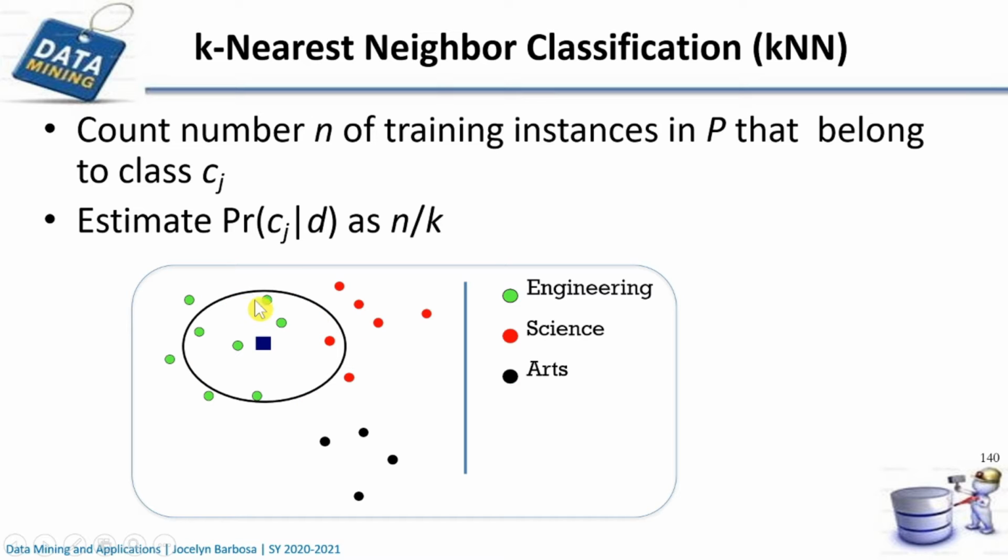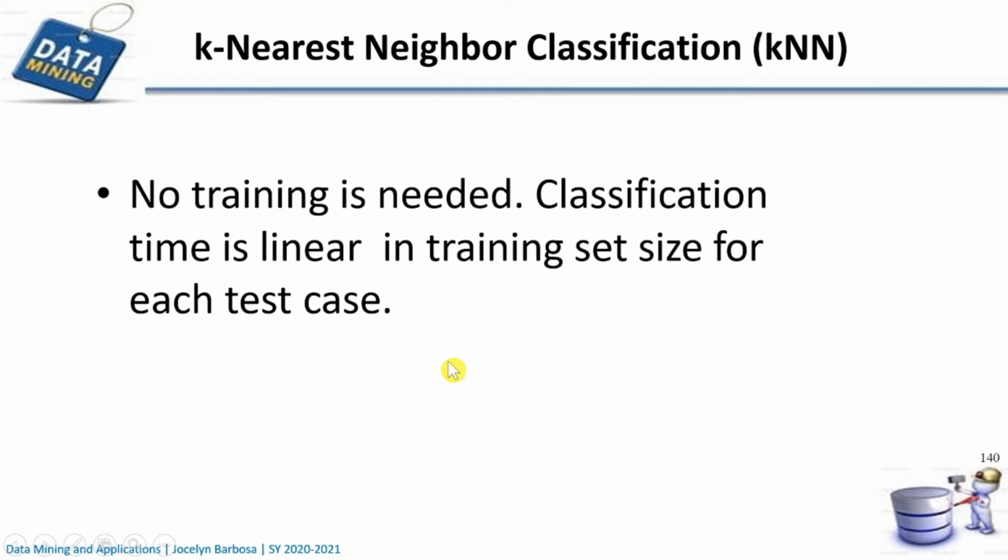But with K as 6, there are 2 possible classes or categories which this new instance D can be classified to. So we can estimate the probability of C sub J given D as N over K.